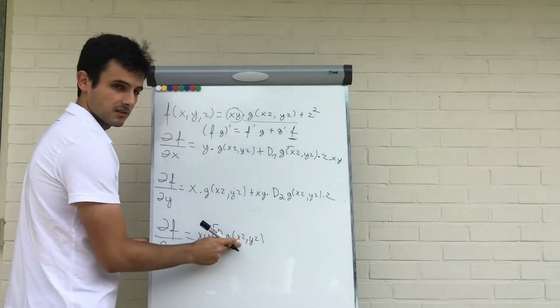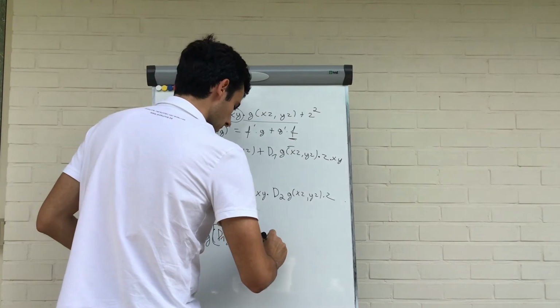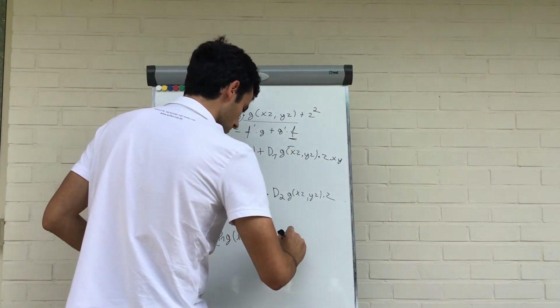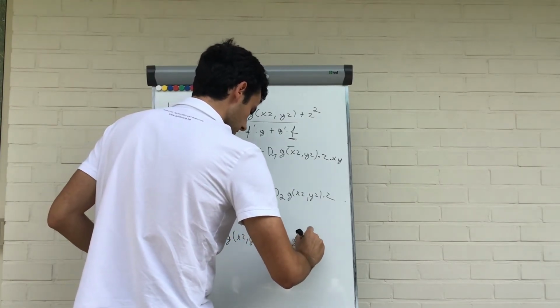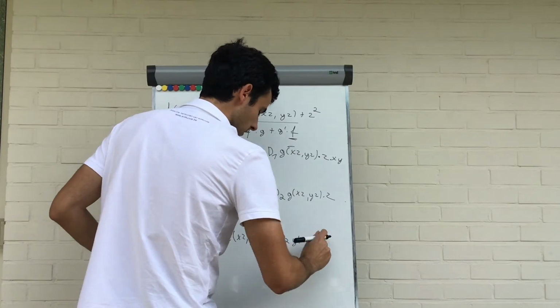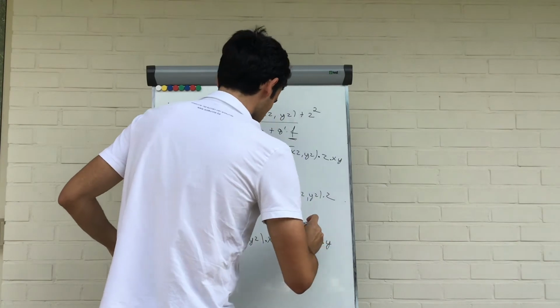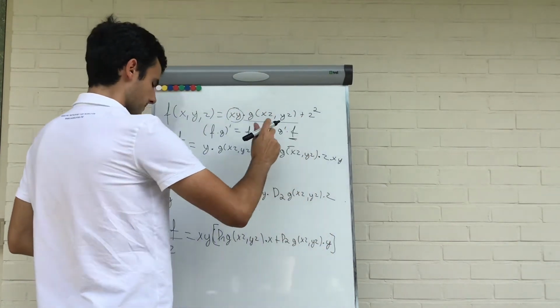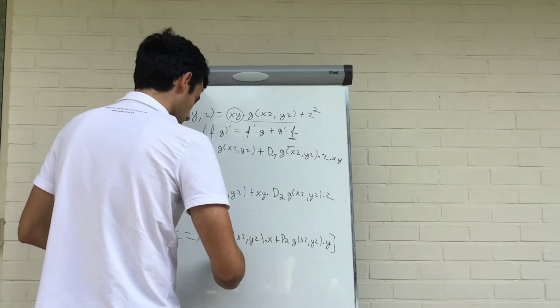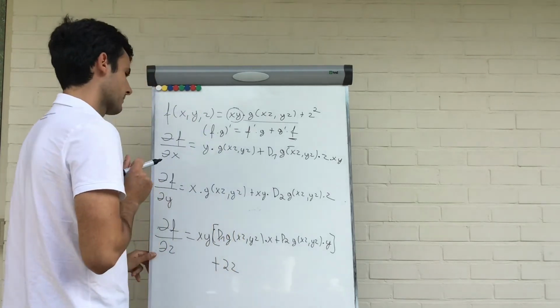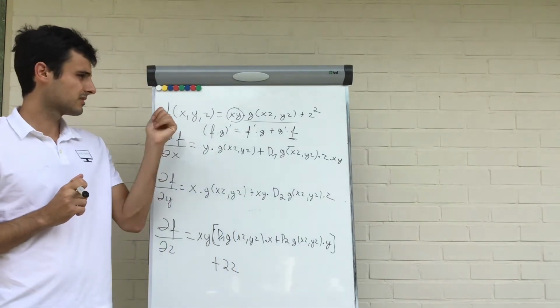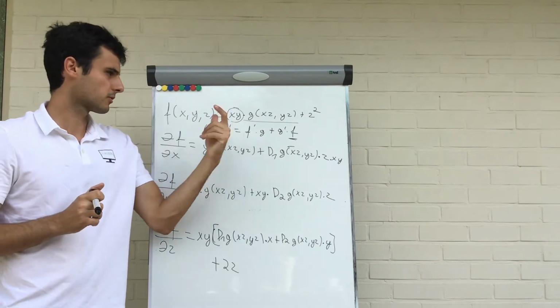Chain rule, z is a variable, so multiplied with x, plus d2 g x z, y z. Z is the variable, so multiplied with y, chain rule. Plus the derivative of z to the power of 2, which is 2 times z. Okay, so this is an example of a function that consists of another function.